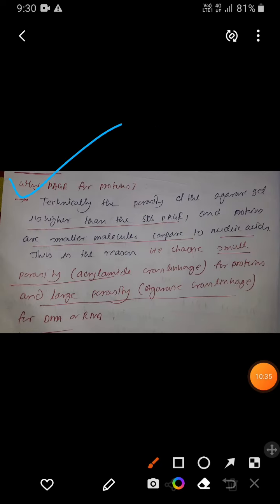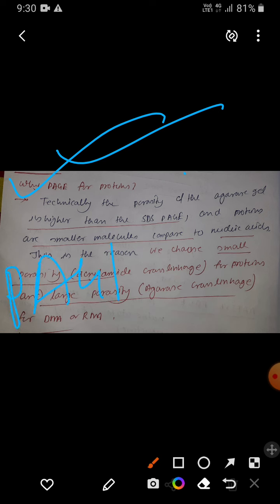Now, why PAGE for protein? A very important question for both university exams and all kinds of MSc entrance exams too. So why is PAGE important for protein, why do we use PAGE for protein? So the idea is, remember that polyacrylamide gel is made up of acrylamide and bisacrylamide, that is N,N'-methylene bisacrylamide. So they together cross-link to form a gel or matrix which consists of a relatively smaller pore size.